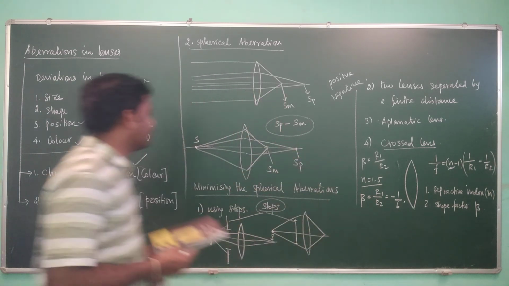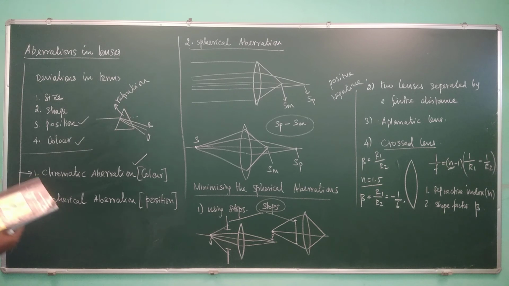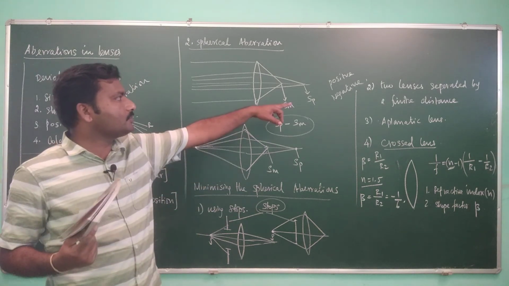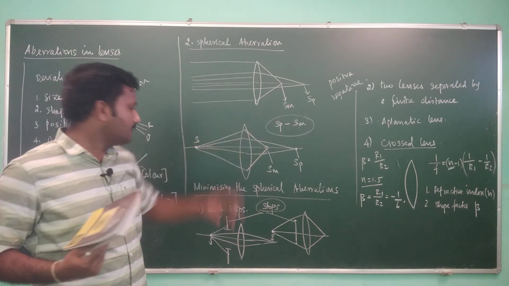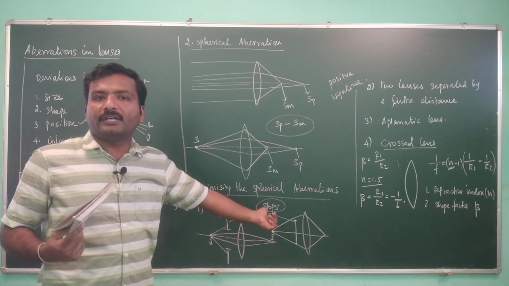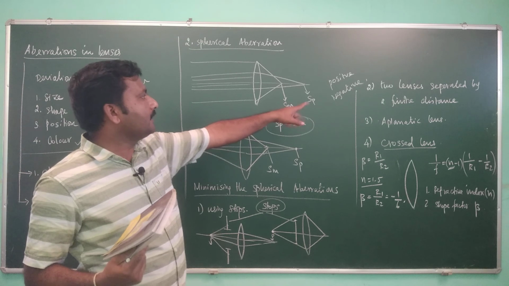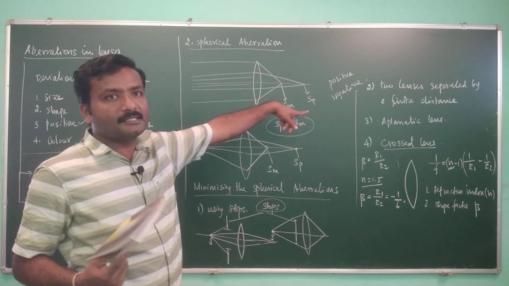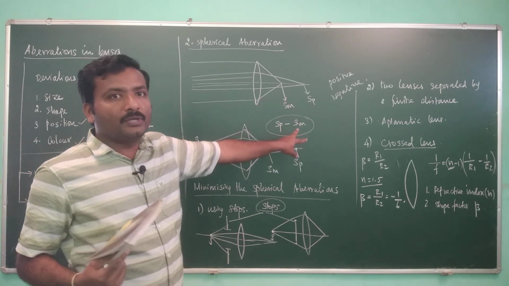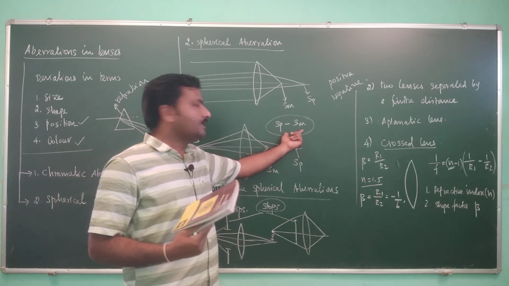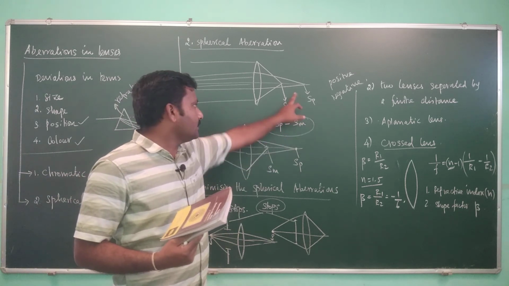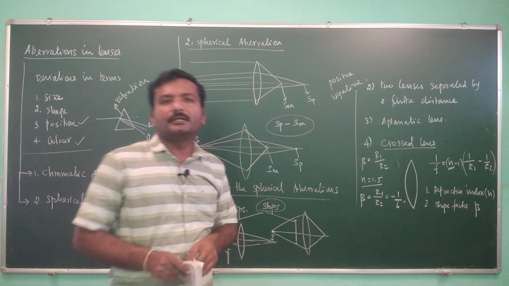So there are four ways that we have discussed to minimize the spherical aberration. One is using stops, which we explained using the diagram. Another is using two lenses separated by a finite distance, where the distance between the two lenses must be equal to the distance between the images of the marginal ray and the paraxial ray.